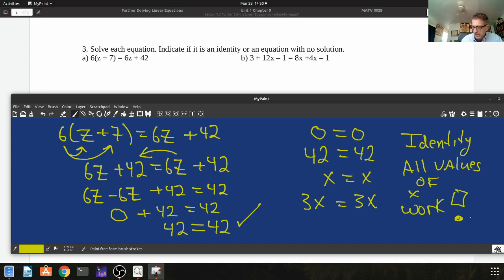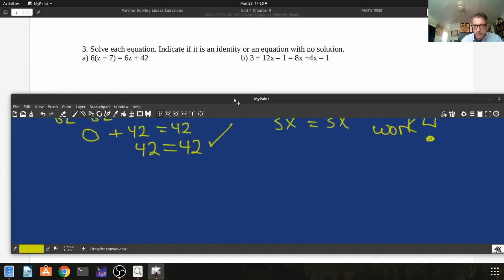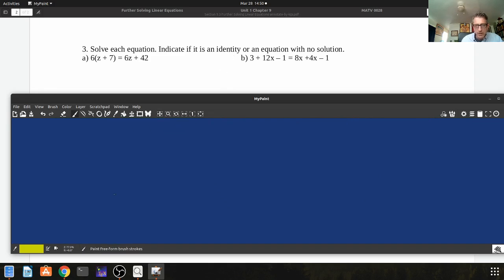So let's do this last one. And we will do 3 plus 12x minus 1 is equal to 8x plus 4x minus 1. So again, simplify.